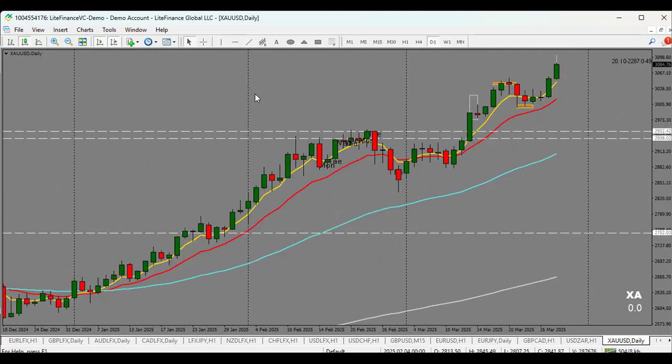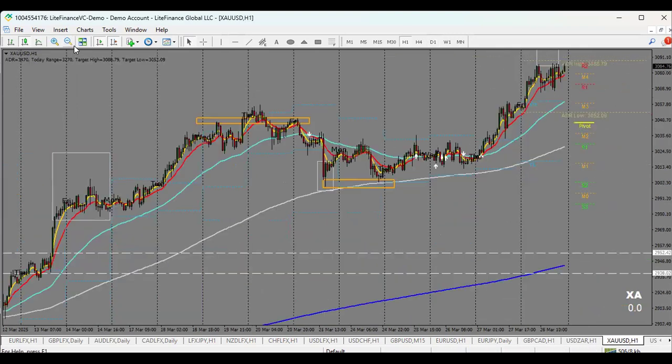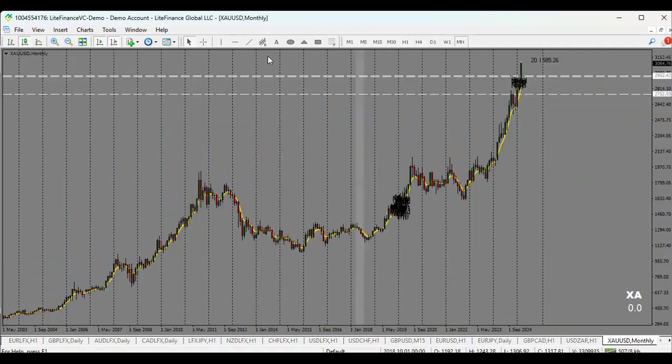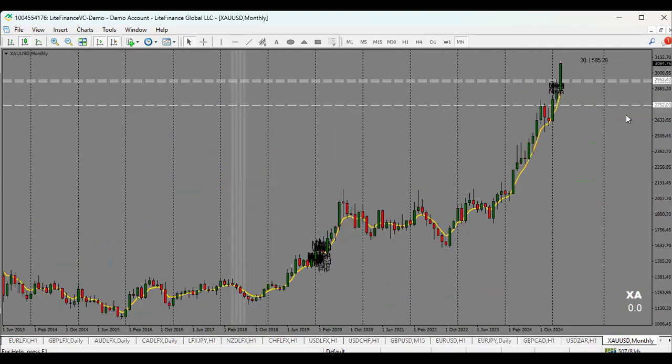And if you look at the analysis we had last week, this is the hour time frame. We had this peak here, and we anticipated a peak reset around this zone. And the peak reset actually occurred. So the market structure is still holding a bullish momentum.